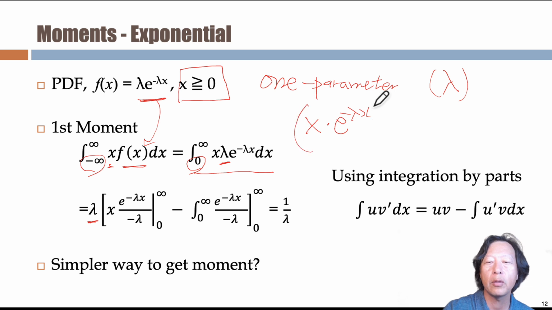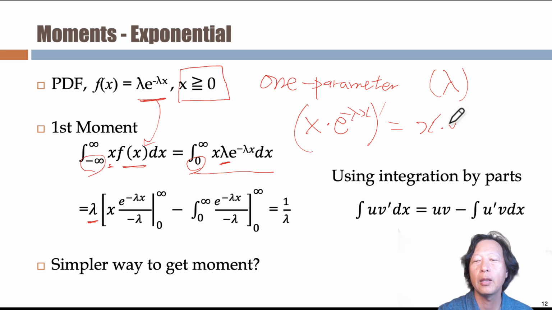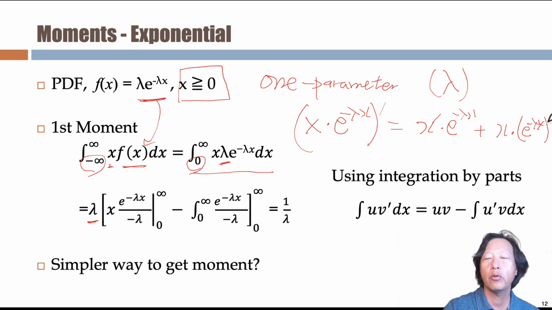When you take the derivative, it will be the derivative of x times e to the minus lambda x, plus x times the derivative of e to the minus lambda x. The first one becomes 1, so x will be gone, and in the second one x remains and minus lambda comes down. Then you get the first moment.